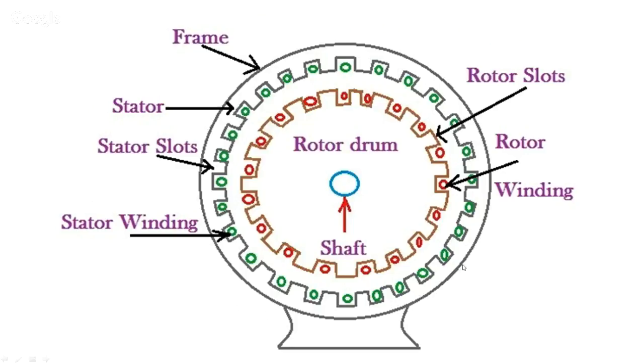In general, when the current flows through the stator windings, as per Oersted's law, we know that any current carrying conductor sets up a magnetic field around itself. So all the stator windings set up a magnetic field, and this magnetic field is rotating in nature.